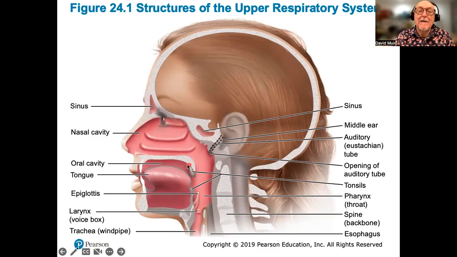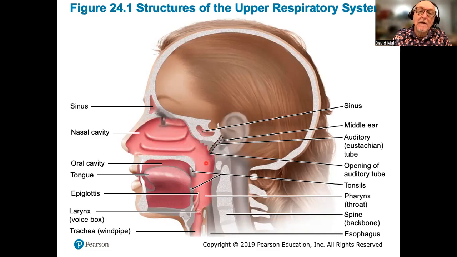This upper chamber here, these are the nasal passages connected to the sinuses. Again, coated with mucous membrane, ciliated epithelium, which moves mucus down to the front of the nose.